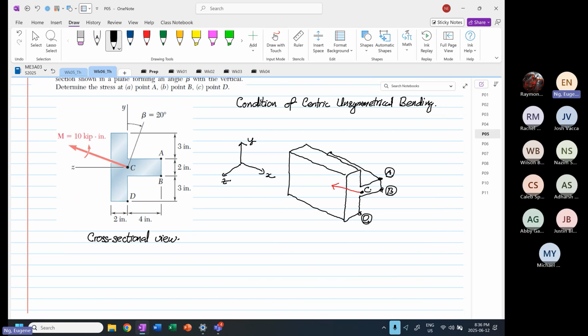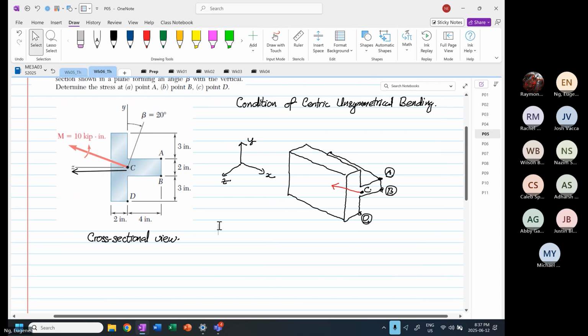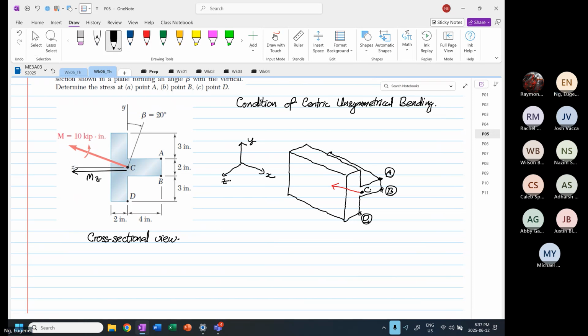So this is a condition of unsymmetrical bending, because now we have two moments. Over here we have our MZ, and over here we have our MY. So now we know the direction.